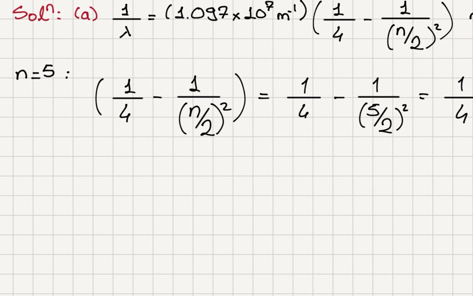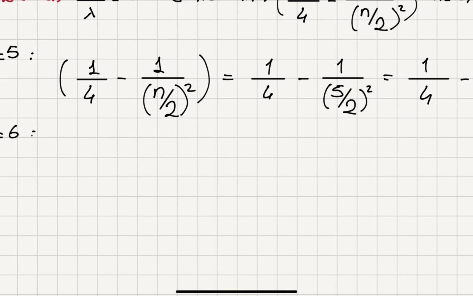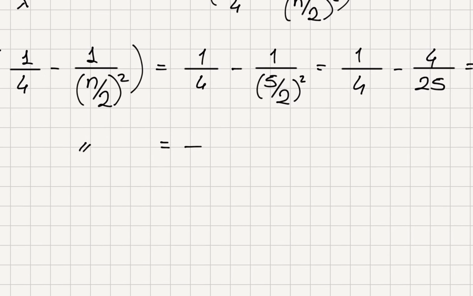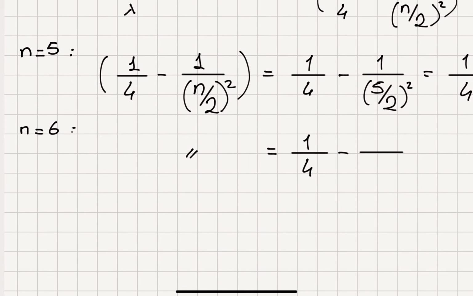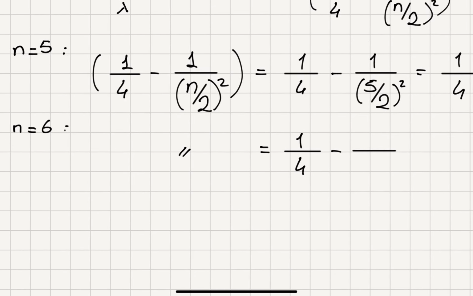Okay, so let's repeat this calculation for n equal to 6. So I have the same thing here. The factor in the Pickering series is equal to 1 over 4 minus 1 over (6 over 2) squared, so that's basically 1 over 9.